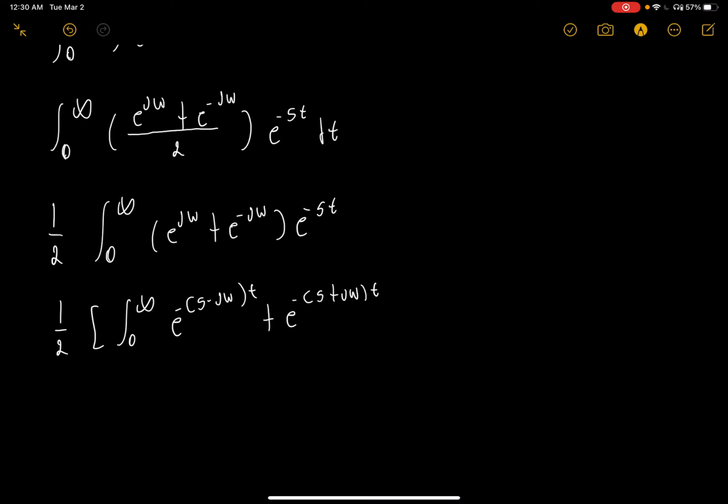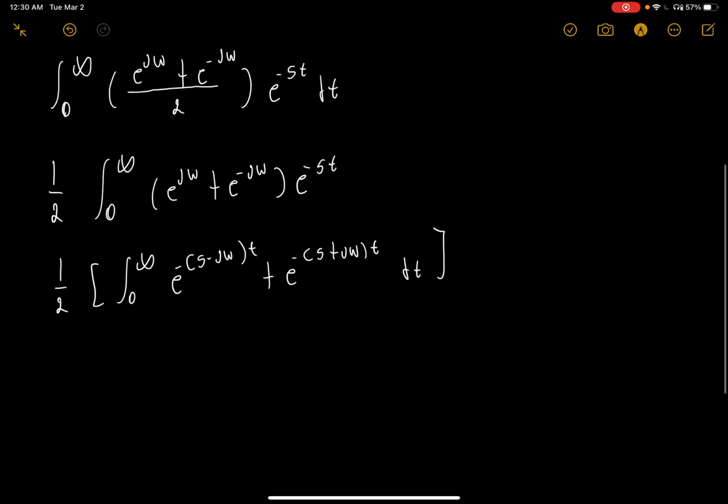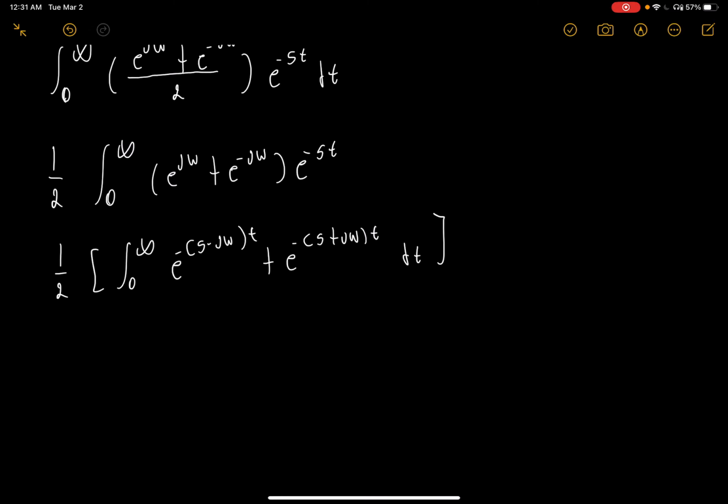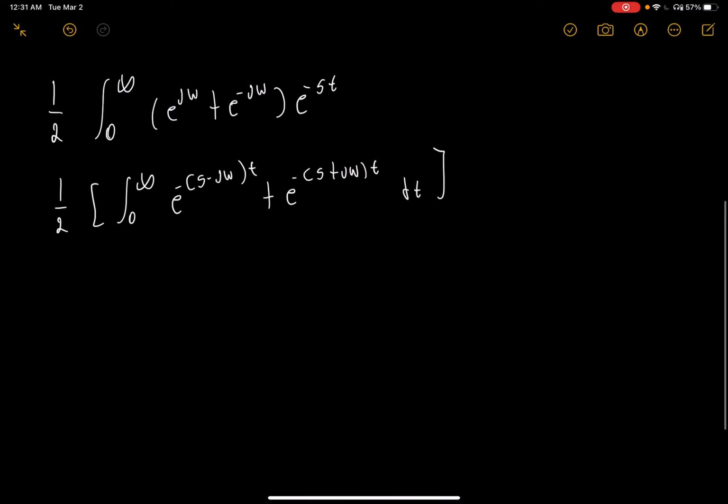Let's not forget our t, dt. So that's what we have so far. Now we can break this up into two integrals, to be efficient. Don't forget about your dt.